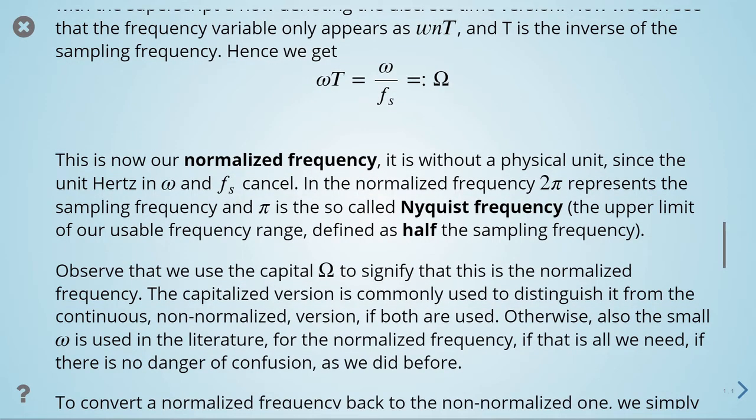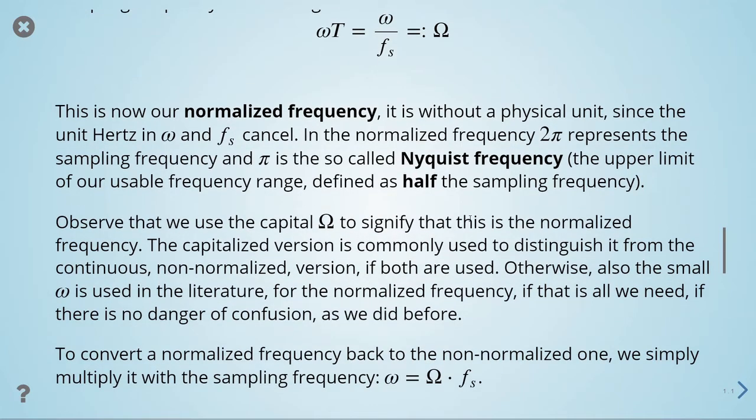Observe that we use the capital omega to signify that this is the normalized frequency. The capitalized version is commonly used to distinguish it from the continuous non-normalized version if both are used. Otherwise, the small omega is sometimes used in the literature for the normalized frequency. If that's all we need, there's no danger of confusion.